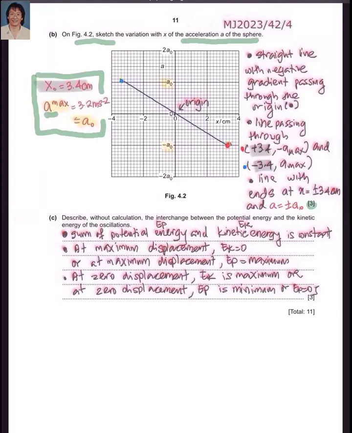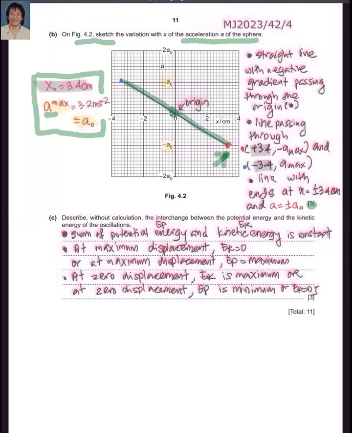To get the 3 marks, you must say 3 points. First, you must draw a straight line with the negative gradient passing through the origin. So this is the line that you draw. The origin is this point here. The second mark comes from the line must pass through the red point, which is this point.